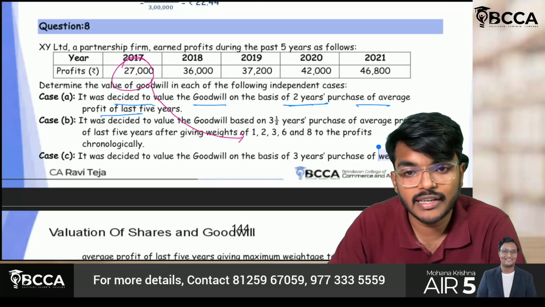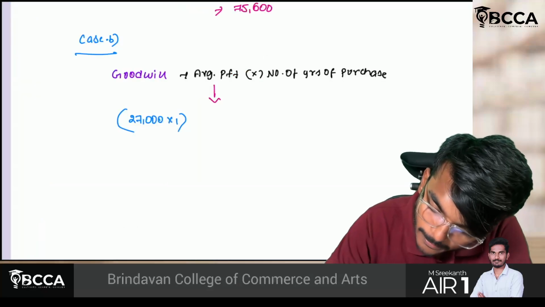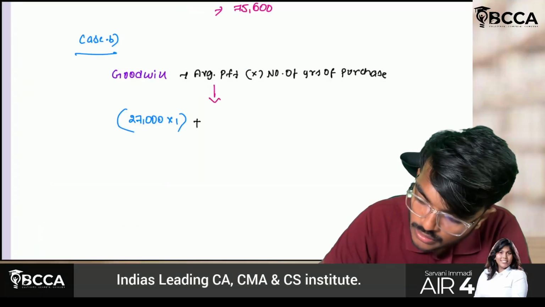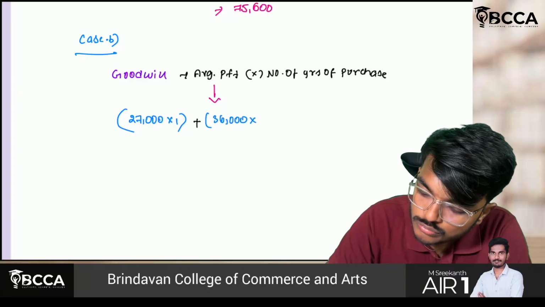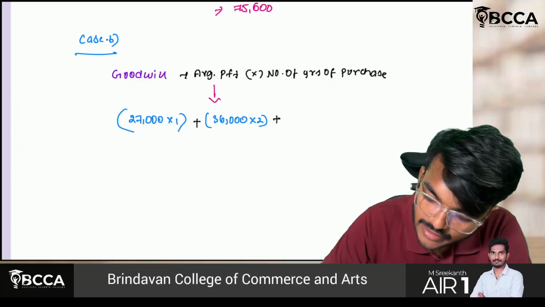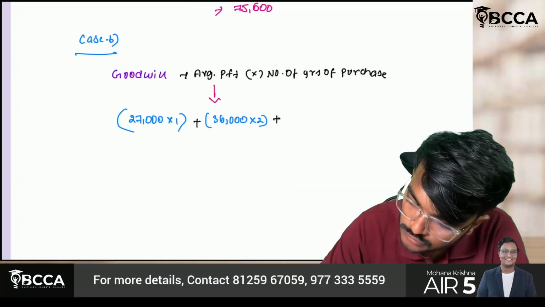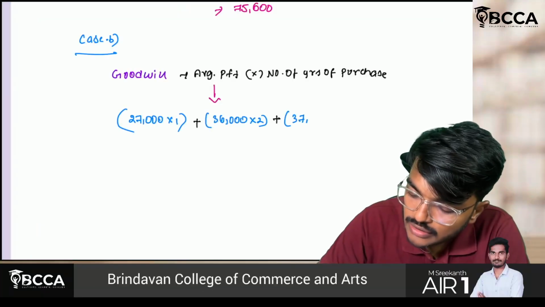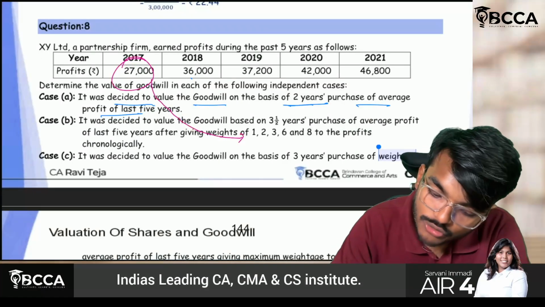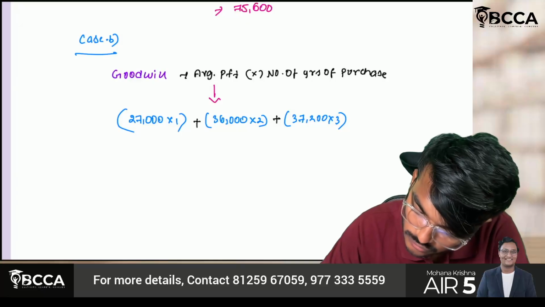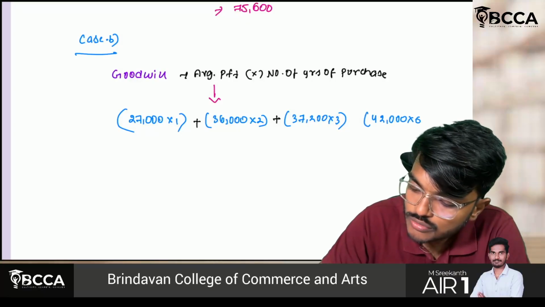Like this I have to give the weights: 27,000 into 1, plus 36,000 into 2, plus 37,200 into 3, next 42,000 into 6.